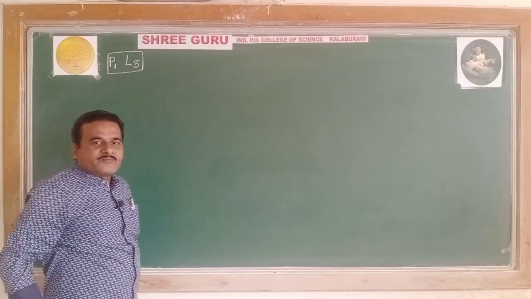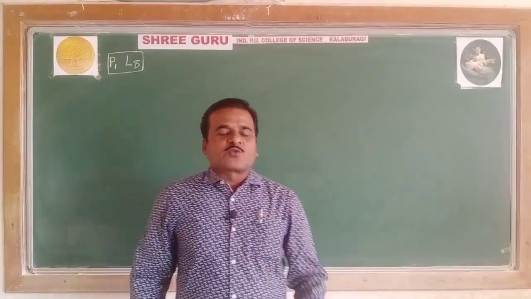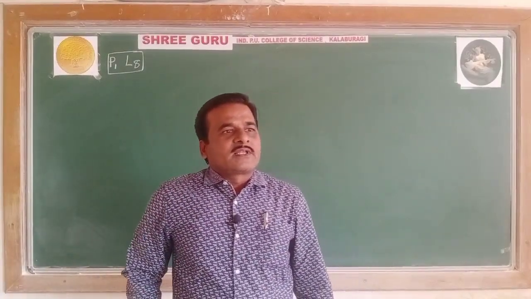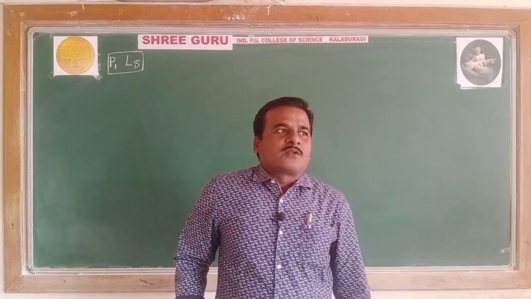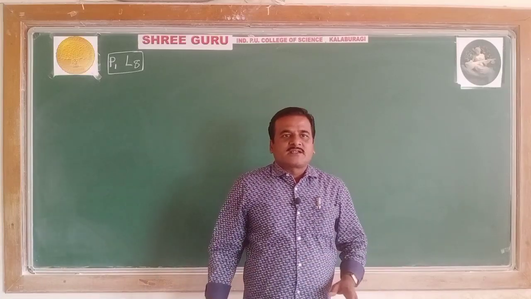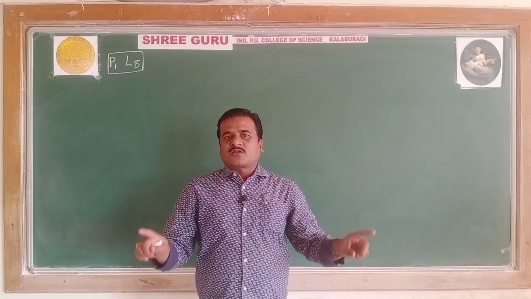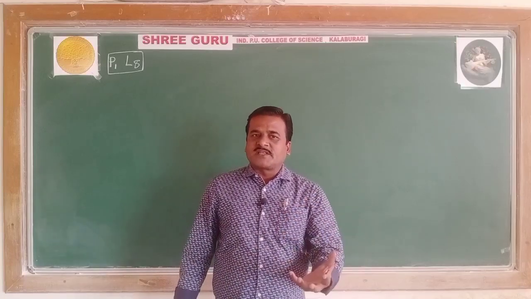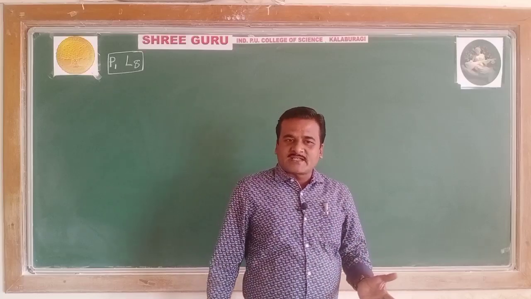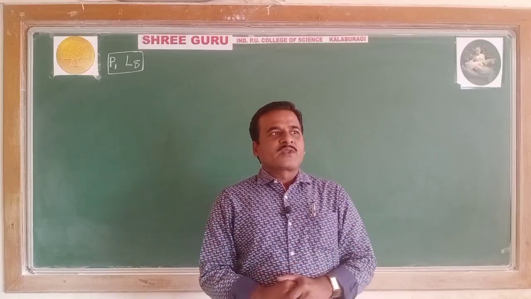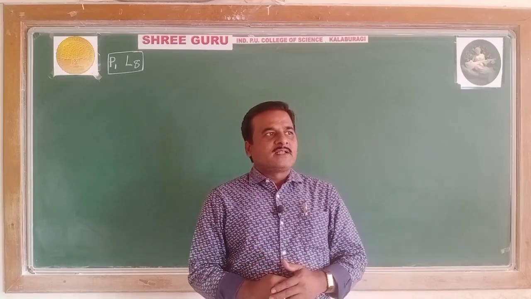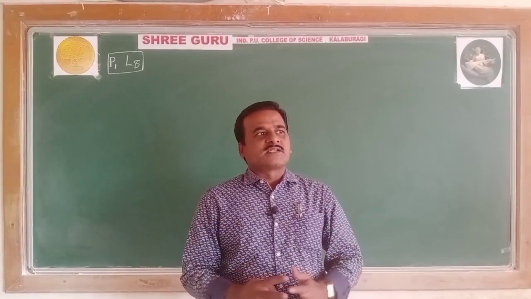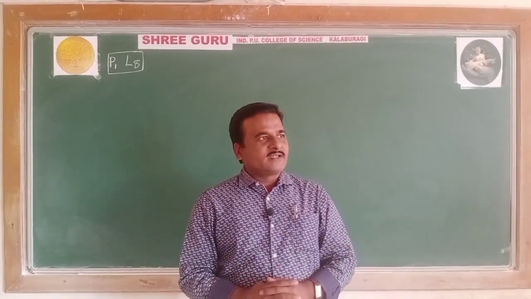States of matter. Well dear students, in the last class you came to know the causes for the deviation of real gases from ideal behavior, followed by the van der Waals equation for real gas.